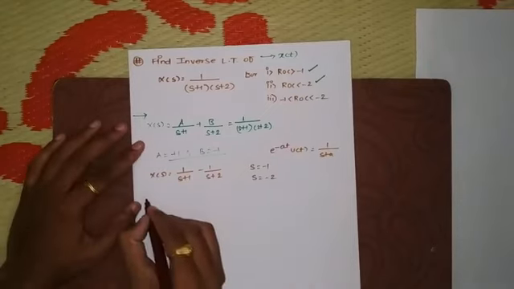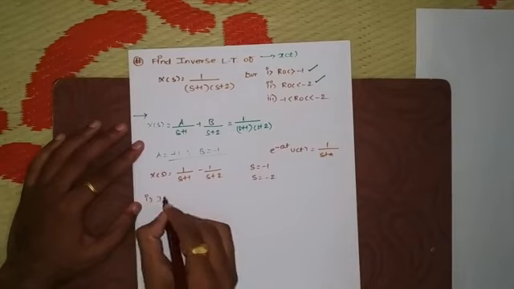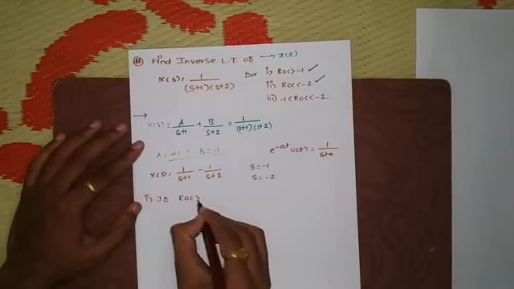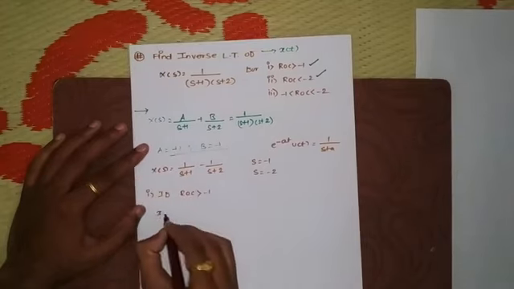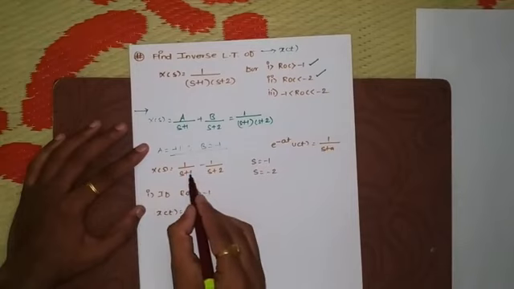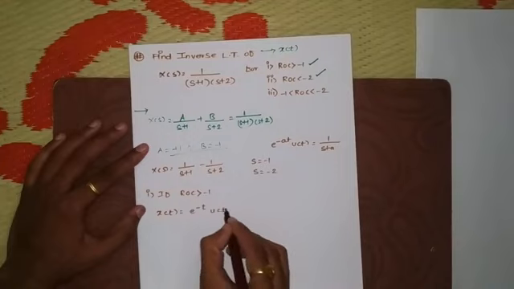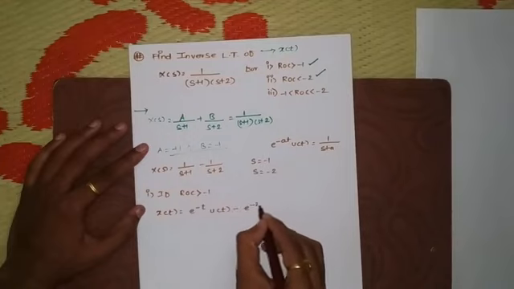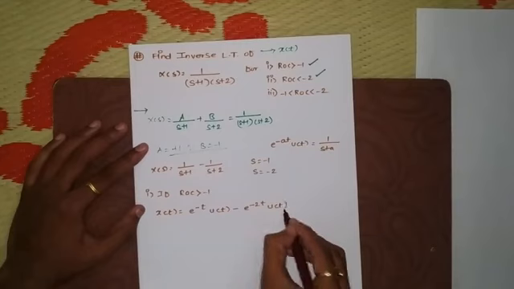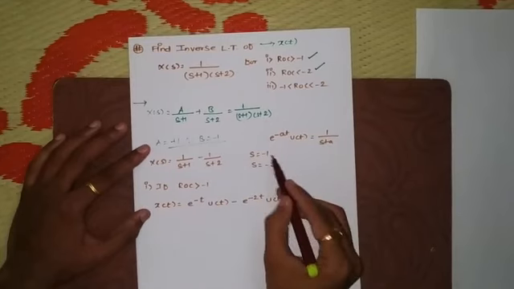And by that, for the first case, if ROC is greater than minus 1, its inverse will be x of t equals e raised to minus t into u of t minus e raised to minus 2t into u of t, because the maximum is minus 1.